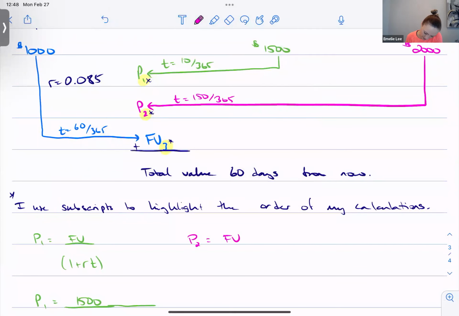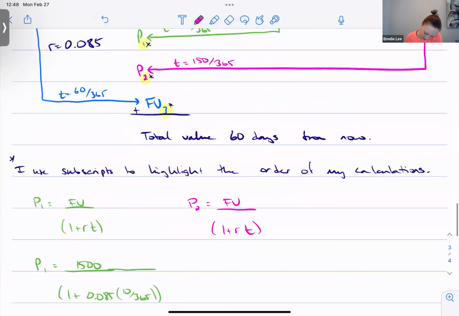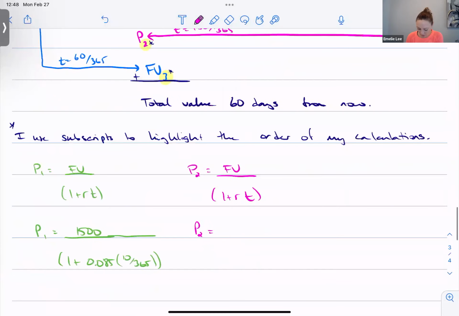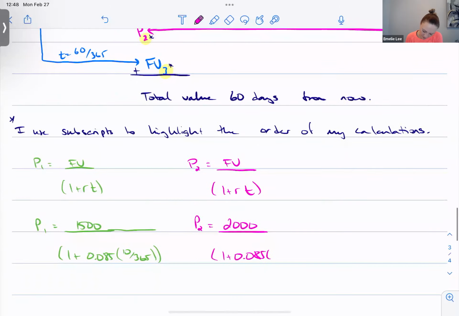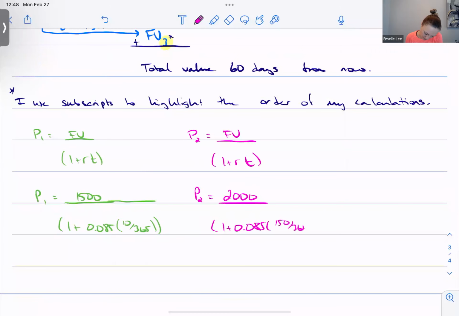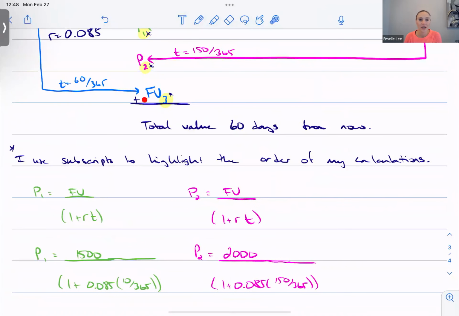Next step, pink. P2 is the future value over 1 plus R times T. The future value is 2,000 divided by 1 plus 0.085 times 150 over 365. And then just slightly different, a little bit simpler even, I need to find the future value 3.